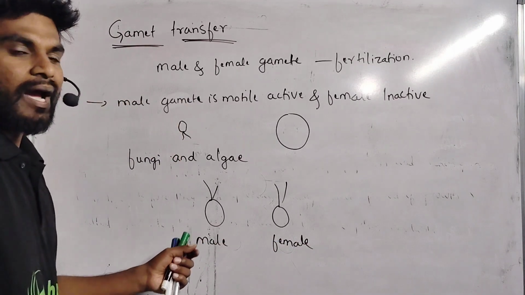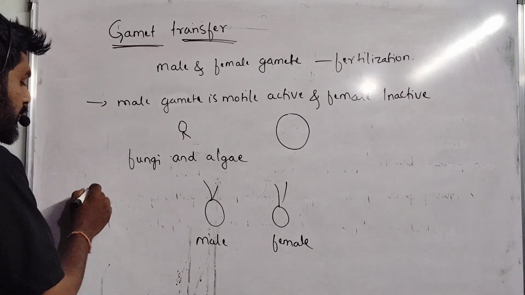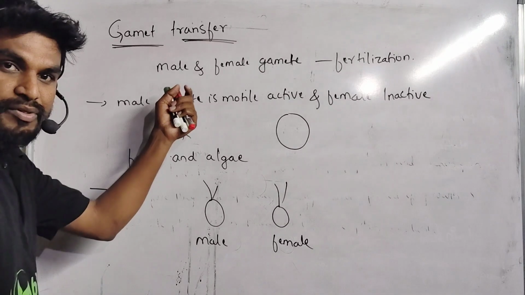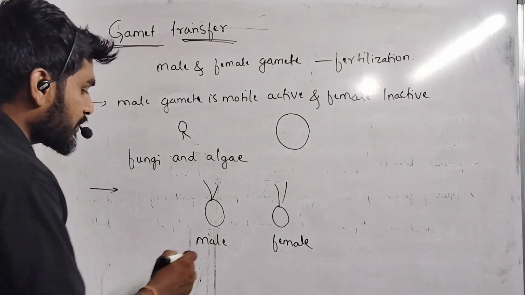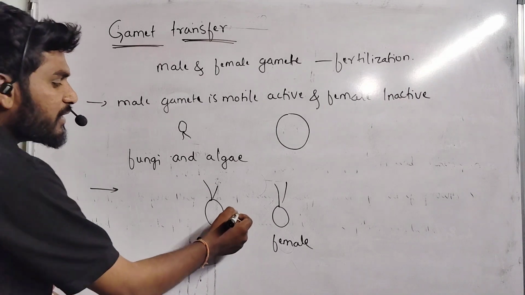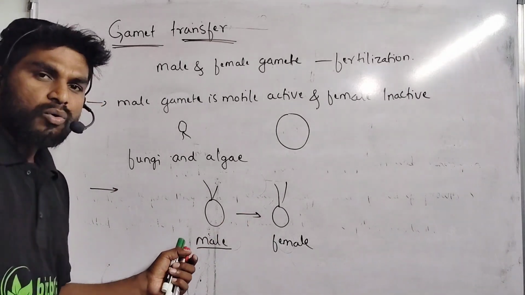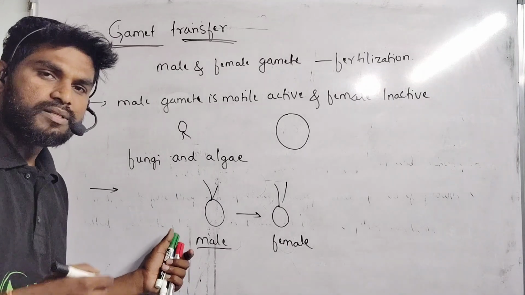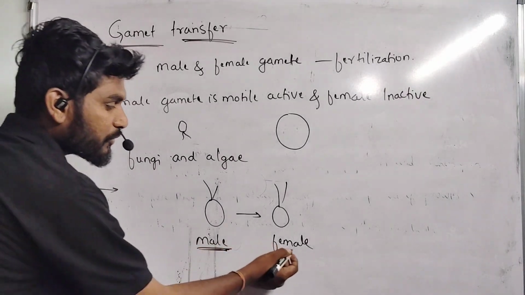They both are active, but during the gamete transfer process, lots of the male gametes will be lost. They fail to reach the female gametes. That's why in nature thousands of times more male gametes are produced as compared to female.